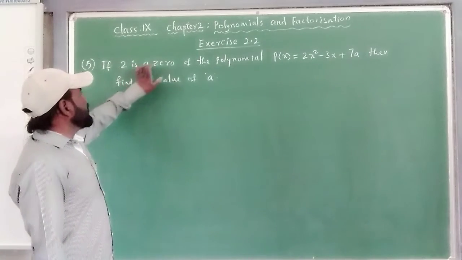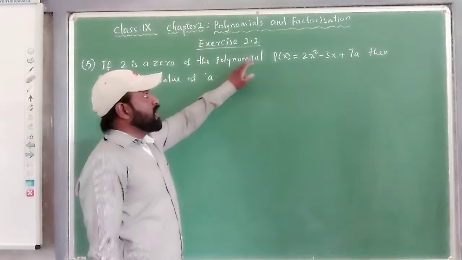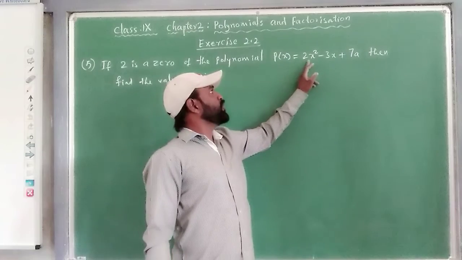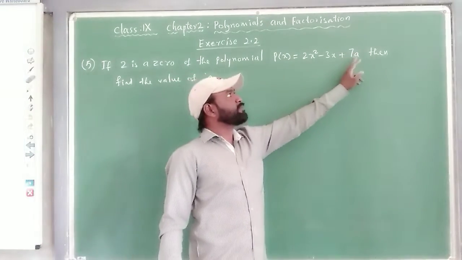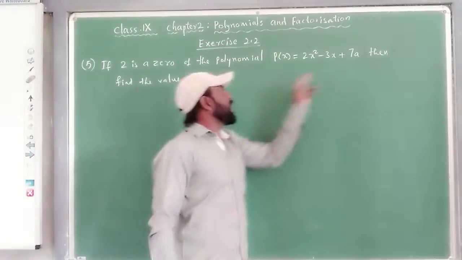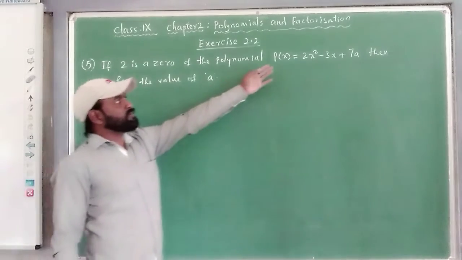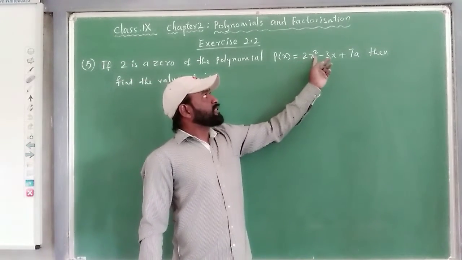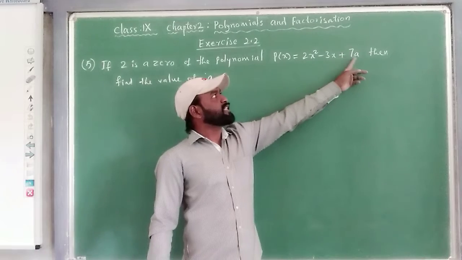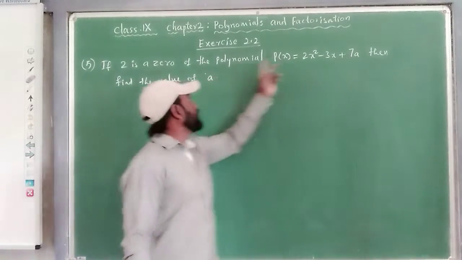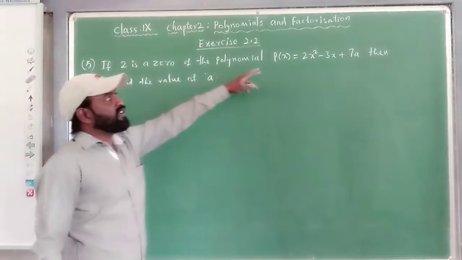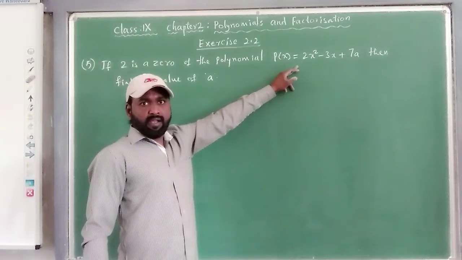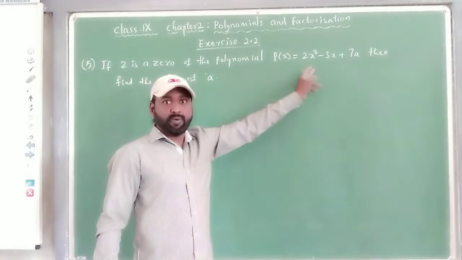If 2 is a 0 of the polynomial p(x) = 2x square minus 3x plus 7a, then find the value of a. In this polynomial 2x square minus 3x plus 7a, if you substitute this 2 in place of the variable x, then it becomes 0. It is given like that.